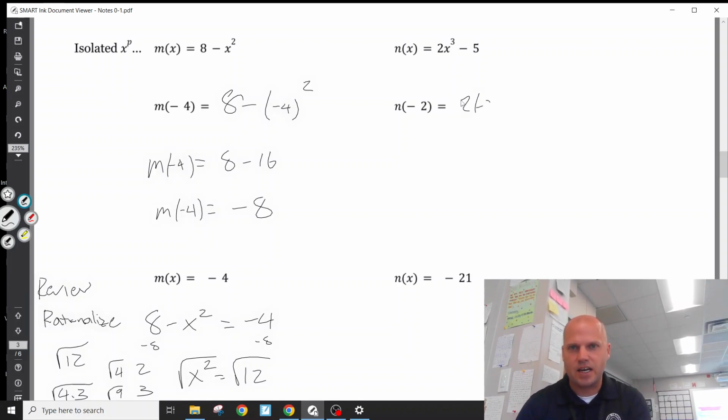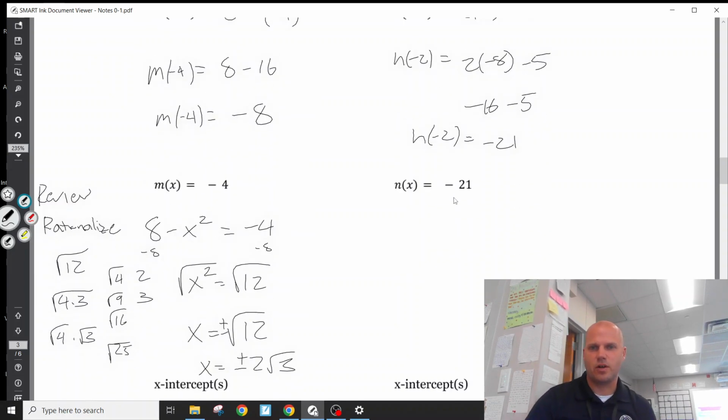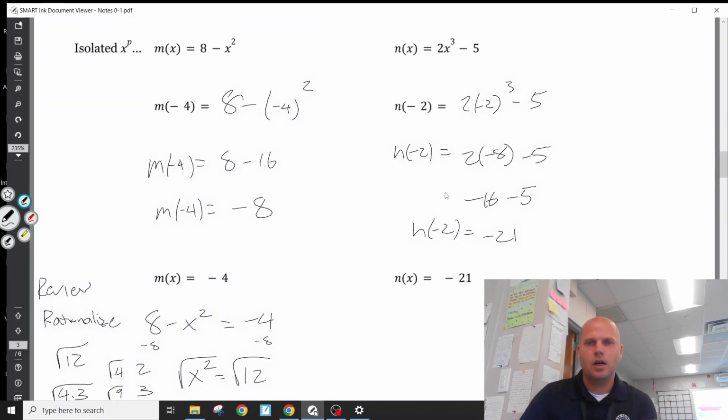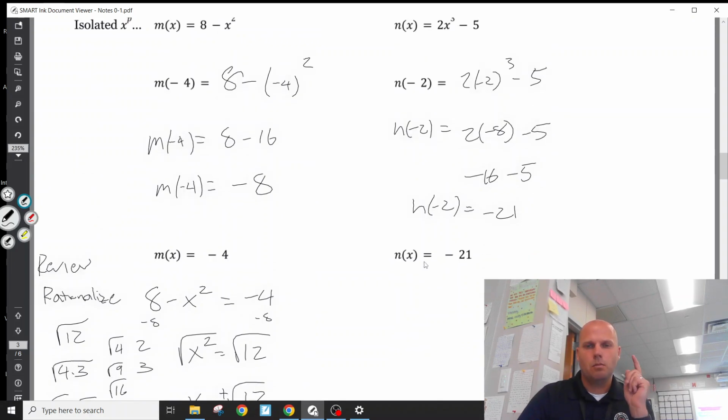If I take negative 2 times negative 2 times negative 2, I get negative 8. Oh, and look at that. Pretty much gives you the answer to the next question. We know the answer is negative 2. But what do we realize? There's no plus or minus. A negative value cubed is a negative, a positive value cubed is a positive.